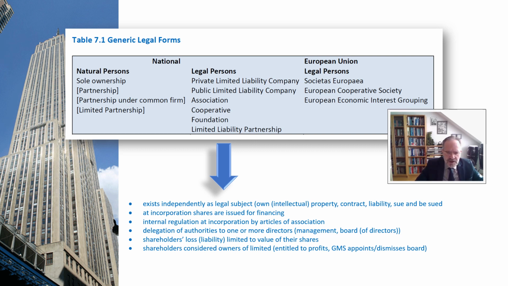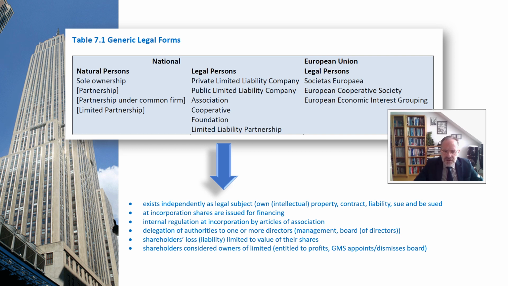A partnership under a common firm is the legal form used for business cooperations, people who cooperate based on a contract to run a business together. And we see the limited partnership, that is a partnership which also has partners which are not active, but only supply financing and in return are rewarded with a share of the profit. So it is like a partnership under a common firm, but there are silent partners who finance.